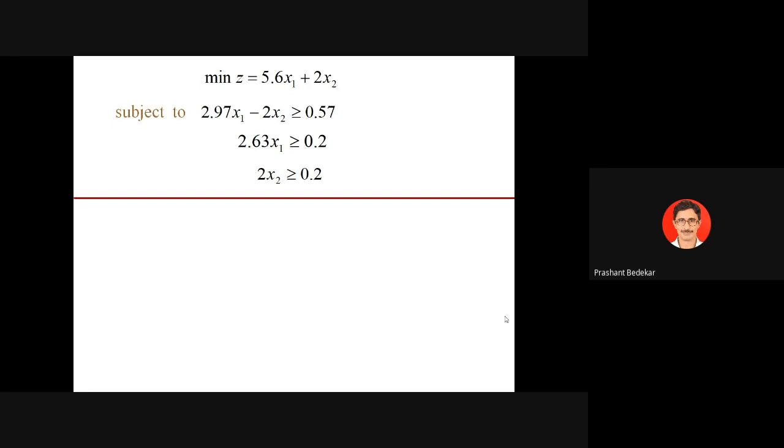So I will have to write constraint number 1 as minus 2.97 x1 plus 2 x2 less than or equal to minus 0.57. Likewise, minus 2.63 x1 less than or equal to minus 0.2, and minus 2 x2 less than or equal to minus 0.2. Constraints converted to less than or equal to type.